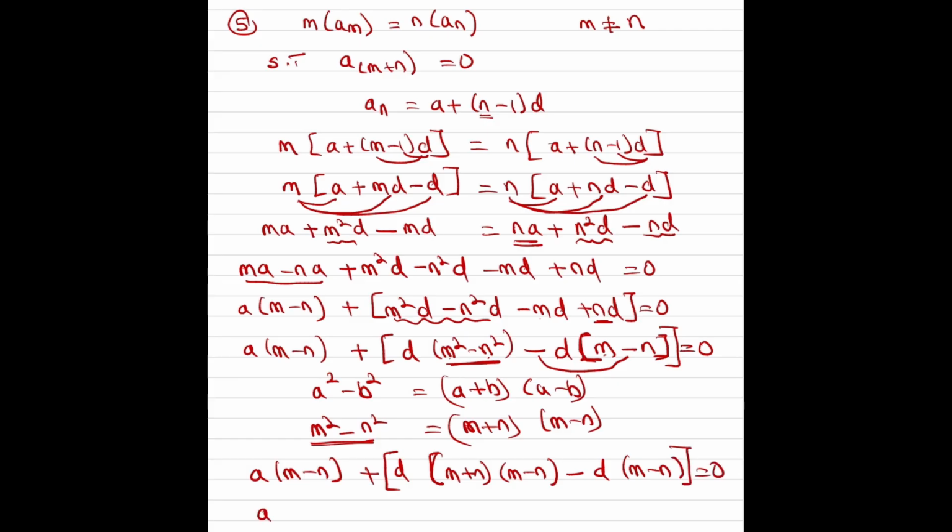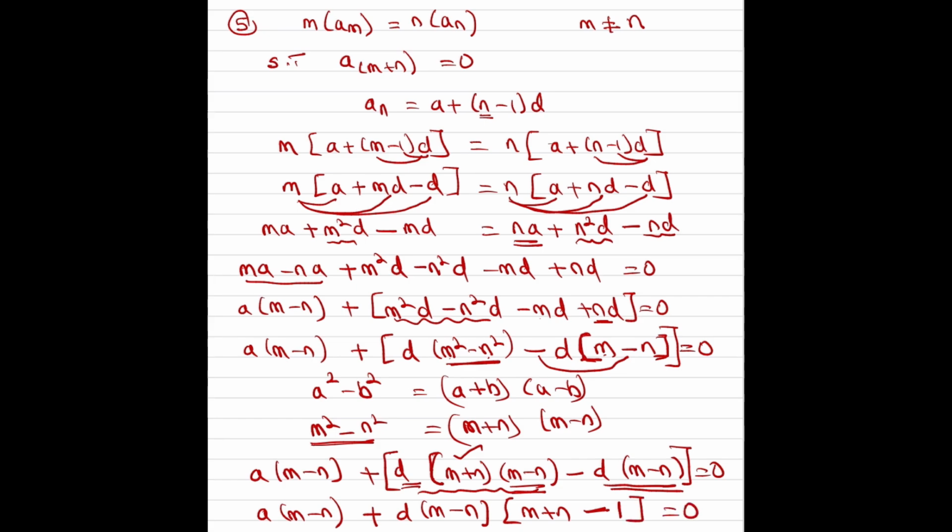Next, a(m minus n) plus, in this, d(m minus n) is common in both places. So d(m minus n) I am taking outside. What is left over in this part? m plus n. And here what is left over? Everything was taken outside, so only 1.